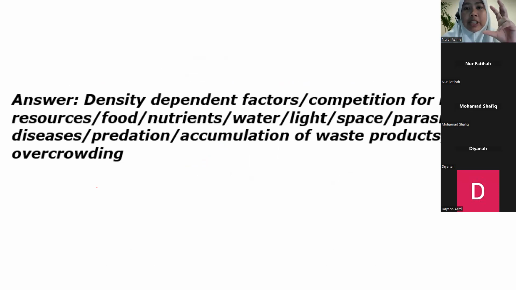High density of population can cause all those factors that lead to slower growth, or the population will slow down or decrease. So: competition for limited resources like food, nutrients, water, space, parasitism, spreading of disease, accumulation of waste, overcrowding. All of these are density dependent factors that can be accepted. That is how structure questions like this work.